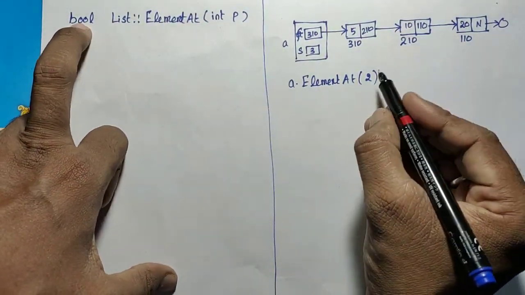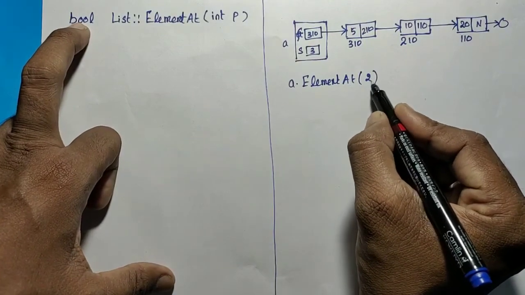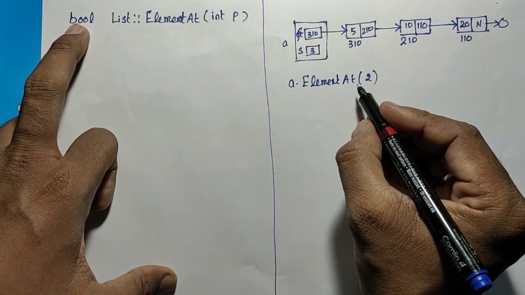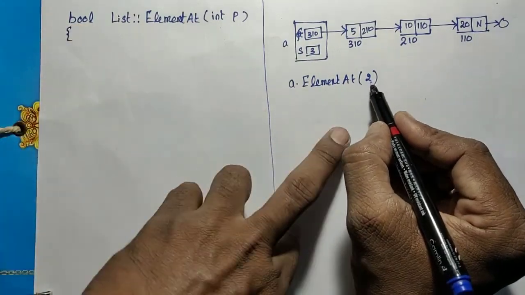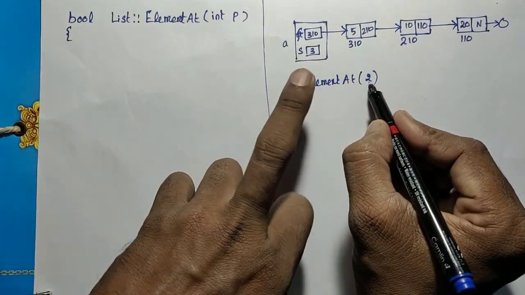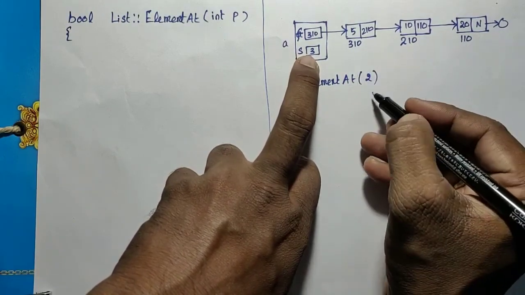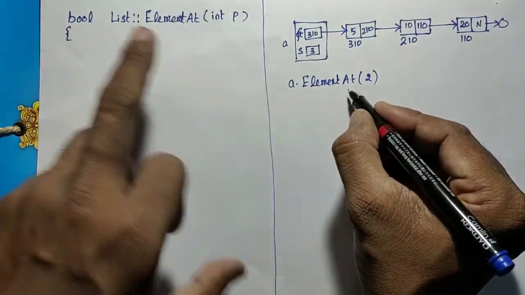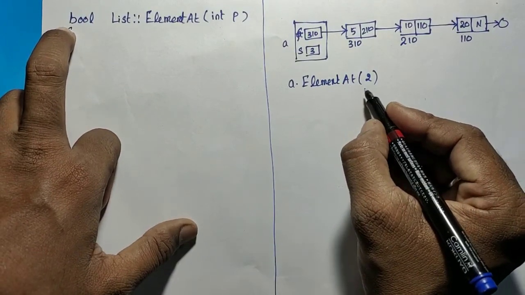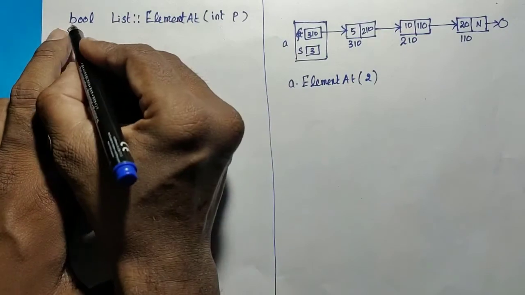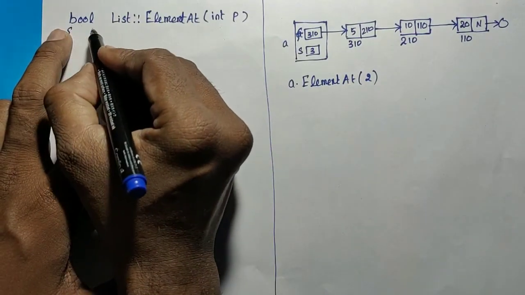Boolean. It means that based on the index validation, whether it is a valid index or not, the operation may fail. If element at is given a position beyond the size, like 4 or 5, there is no valid index given as input. In that case, the operation will return false. So based on success or failure, we set the return type as Boolean.